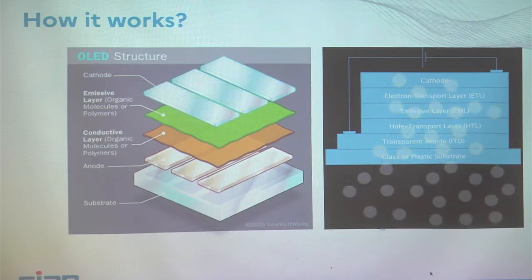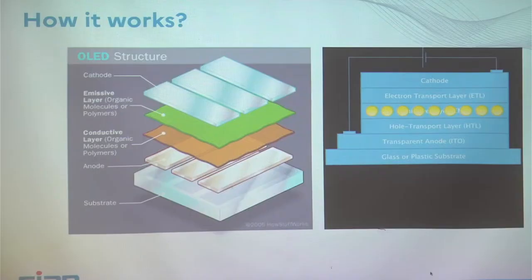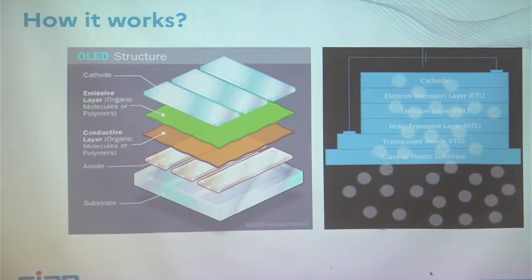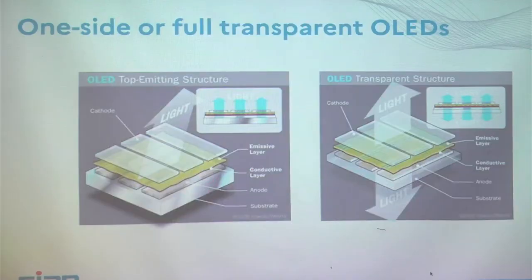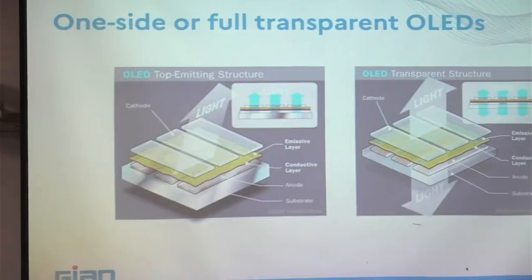You have annihilation, and the difference goes out as light. And you can do it as you want. You can have top emitting, down emitting, or fully transparent devices. Well, on paper it seems easy. To achieve that is very complicated, but it is doable.